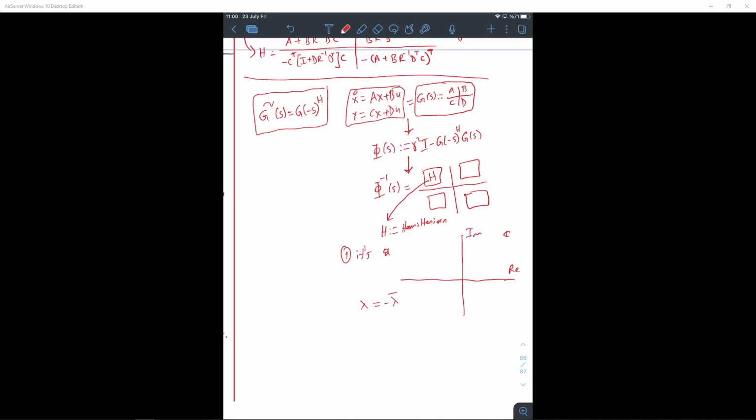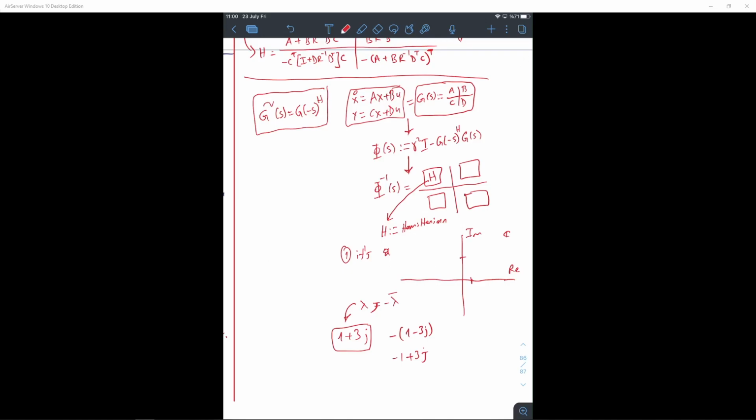What I'm trying to say is this: if 1 plus 3j is an eigenvalue, then minus 1 minus 3j, and minus 1 plus 3j.